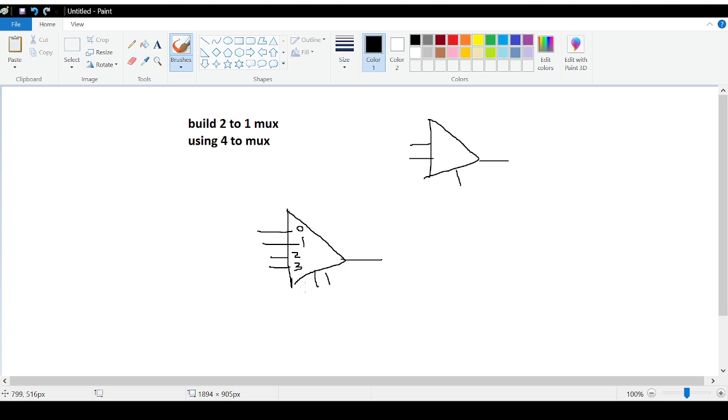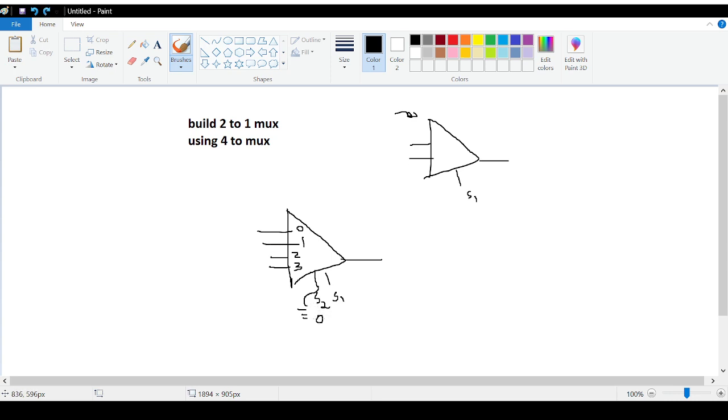Alright, so it should have only 1 selector bit. So we need to convert this mux into this. What we can do is ground S2. If we ground S2, S2 will always be 0, and we will change S1. If S1 is 0, then input number 0 will be selected, and if S1 is 1, then input 1 will be selected.